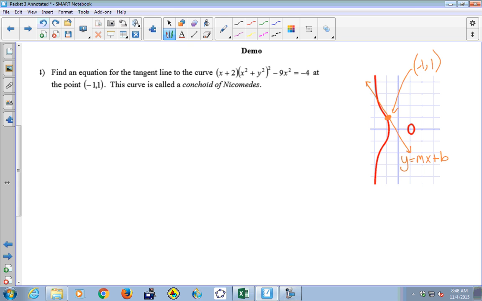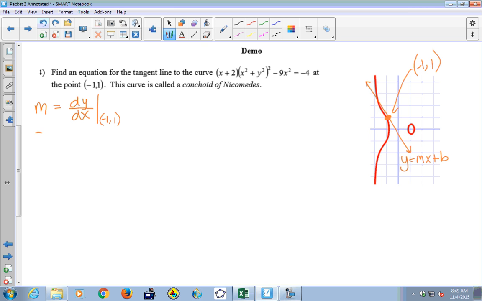Okay, so let's work on the slope part. The slope of the line is dy dx, evaluated at the point -1, 1. The slope of the tangent line is the derivative of the function, dy dx, at the point of tangency. So I need to find dy dx.